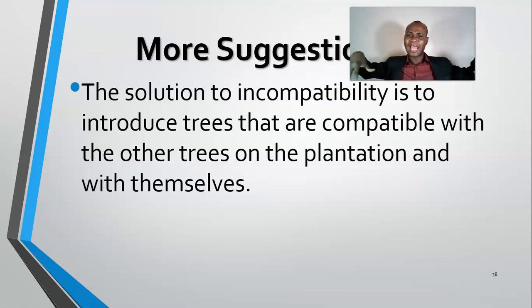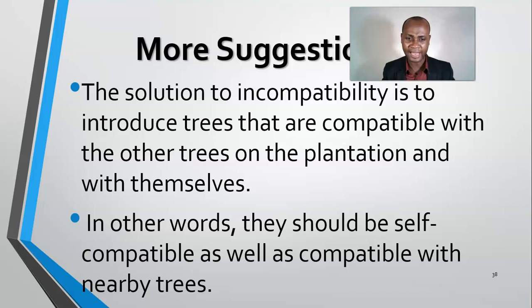Usually in one particular area, because of a lot of genetic variation, every year they self-pollinate, and because of that there is a lot of variability. What happens is you need to get pollen from another side of the farm and pollinate them to ensure self-pollination and cross-pollination take place here. In other words, they should be self-compatible as well as compatible with nearby trees.